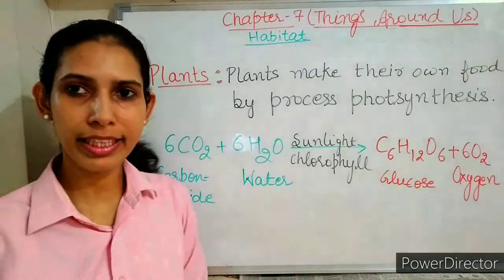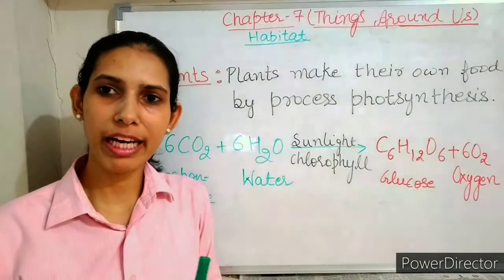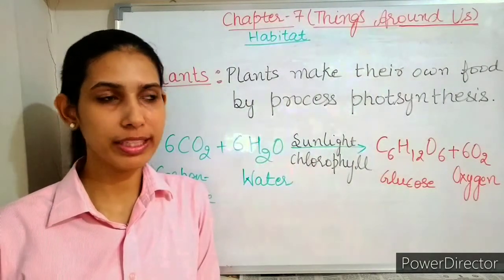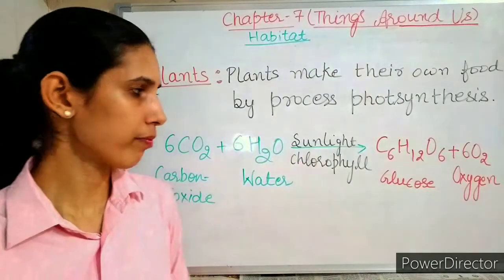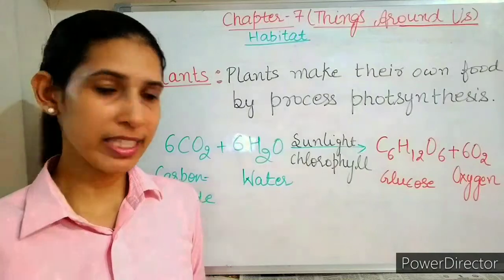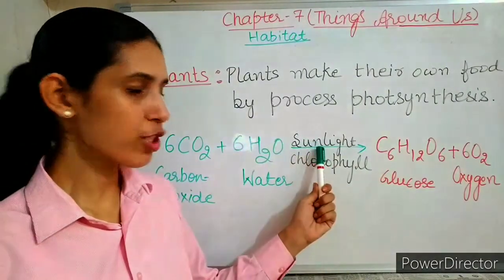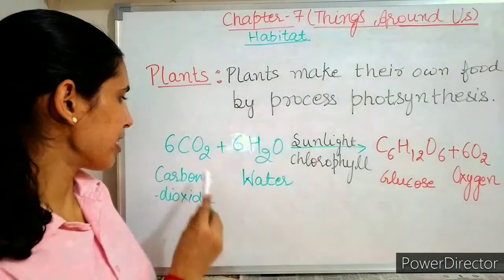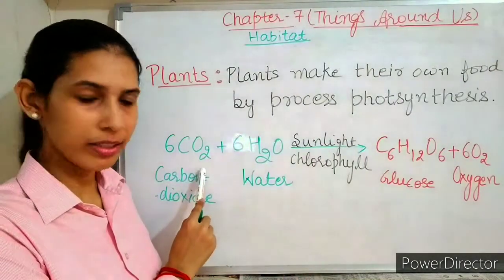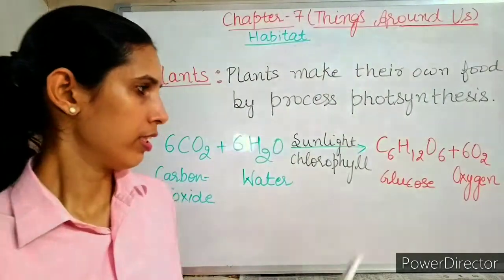So, let's revise again what is photosynthesis. Photosynthesis is the process by which plants make their own food in the presence of sunlight. Chlorophyll is a green color pigment that remains present in the leaves. It traps sunlight. In the presence of sunlight, plants utilize carbon dioxide taken from air and water from the soil to produce their food.